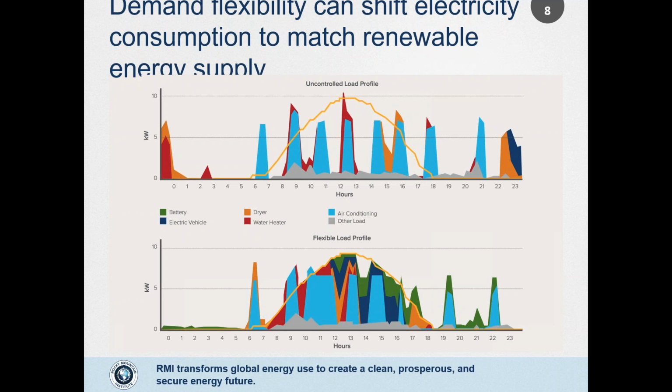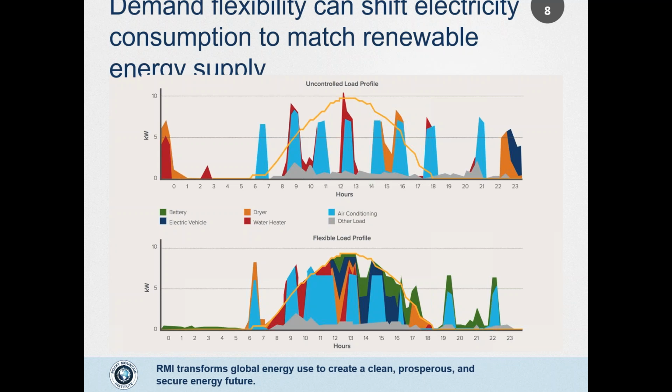By using new communication and control technologies, demand flexibility allows loads to continuously respond to changing renewable supply levels and other market signals. Here we see a load of a simulated residential customer in Hawaii with PV. We can see how this load corresponds with the supply of solar throughout the day.